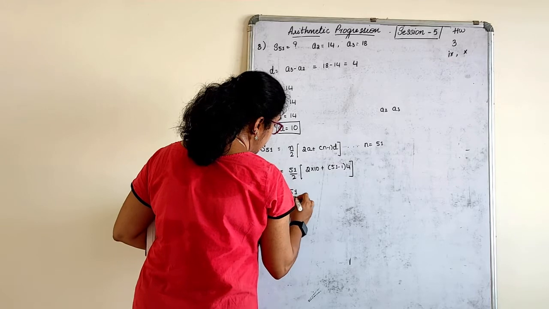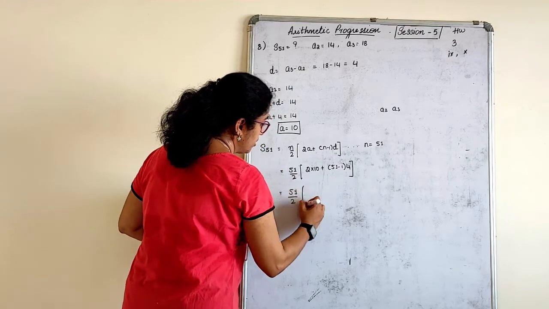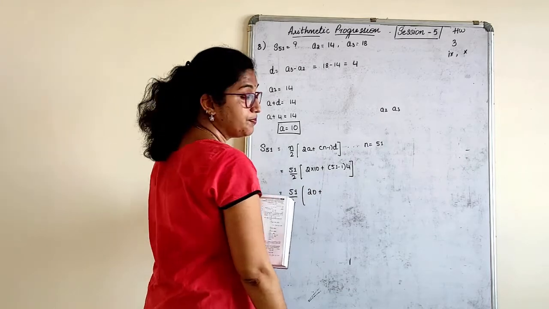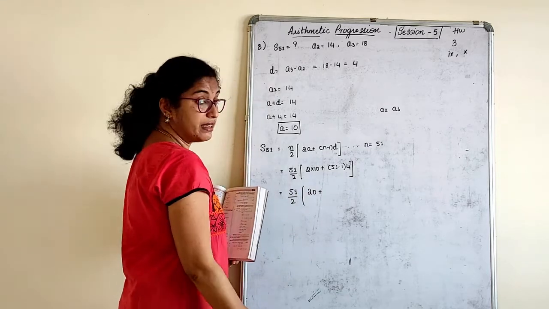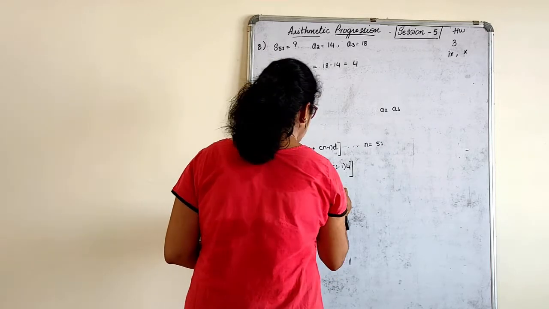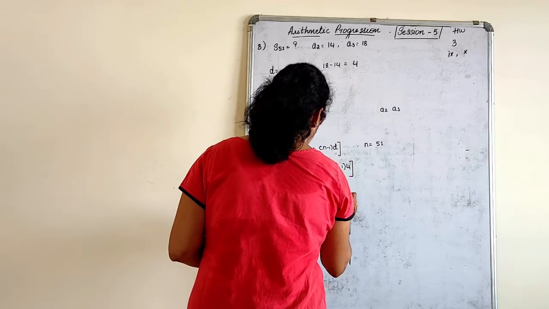Don't write in decimal. 51 by 2, 2 tens are 20 plus 51 minus 1 is 50. 50 into 4 is 200.